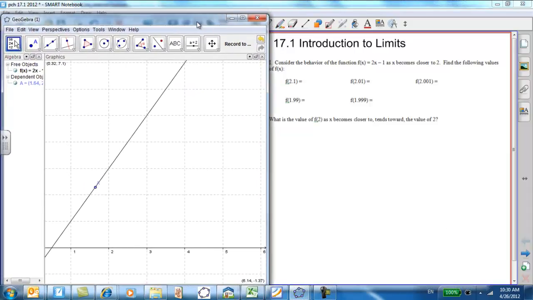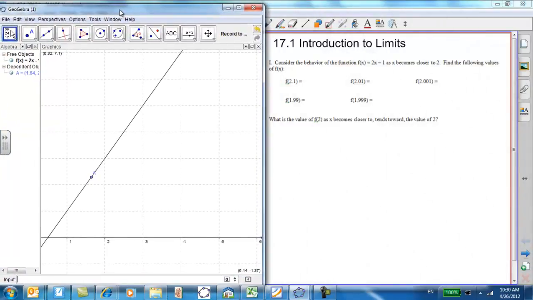Just by doing this on the bottom here, we get all our values by doing things like f(2.1), boom, 3.2, and f(2.01), 3.02, and f(2).